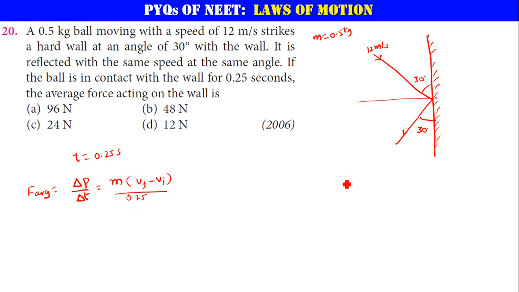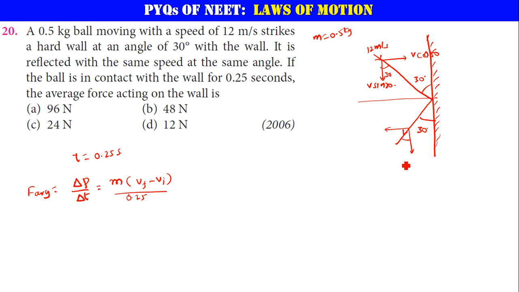So here again you'll have two velocities, one in this direction, the other one in this direction, and here also you'll have two velocities, one in this direction, the other one in the opposite direction. So here this is 30, this is 30, corresponding angles, v cos 30, this is v sin 30. Here also if this is theta, this will also be theta or 30.